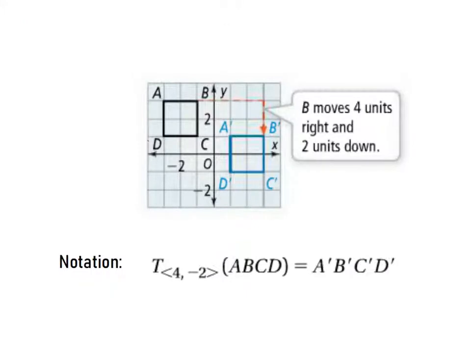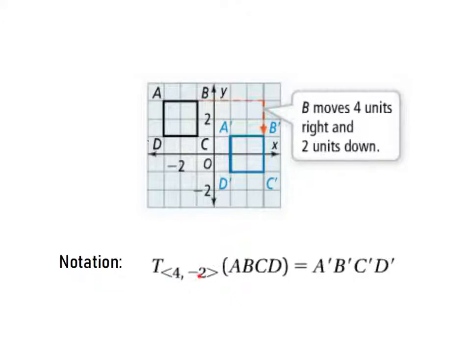All right, so when you look at this, here is the notation. This whole notes page here is on the notation. The capital T means that you're going to translate it. And then this right here is almost like an ordered pair, but you can see that it's more like pointy arrows. This tells you your horizontal movement. This tells you your vertical movement.